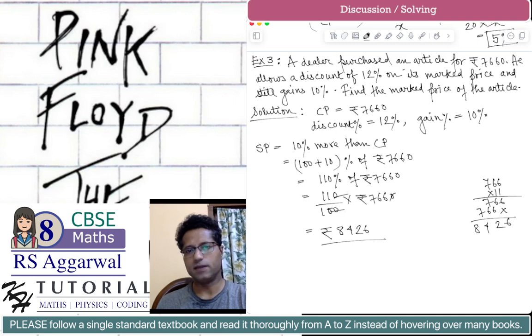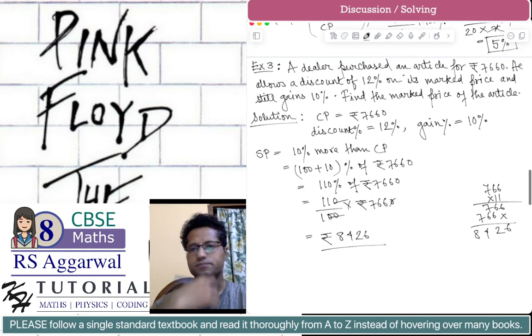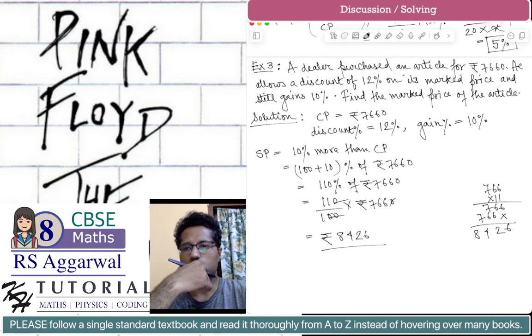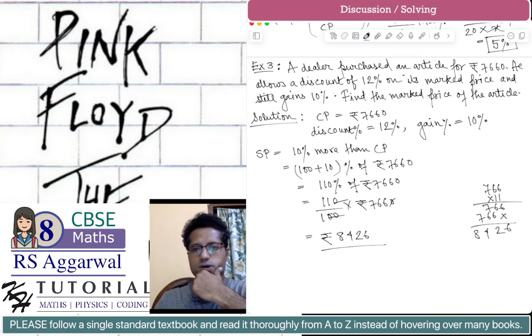Now it is given that he allows a discount of 12% on its marked price. This is the selling price.